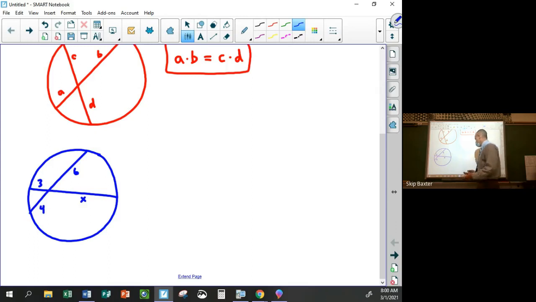You just set up the equation. That's all there is to it. This is just going to be 3 times x equals 4 times 6. Which is super easy to solve, right? So you have 3x equals 24. So x is 8.